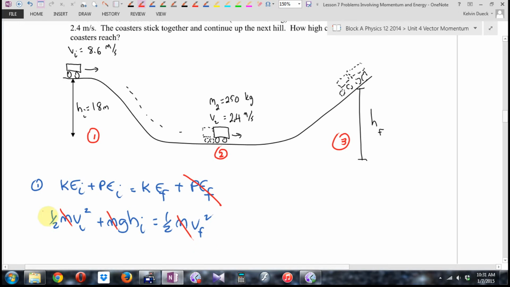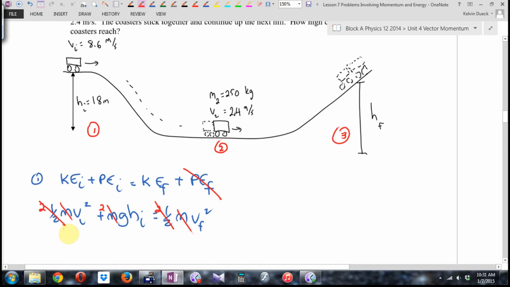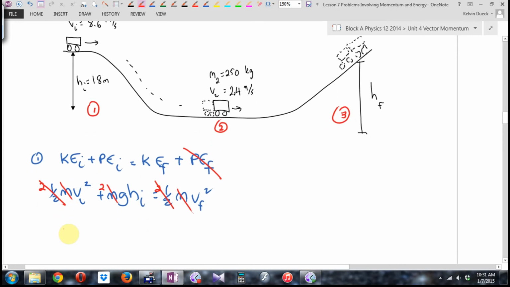I'm going to go times by 2, times by 2, times by 2. That cancels. That cancels. In fact, I get that variation of VF squared equals VI squared plus 2AD that came out of conservation of energy. I get VF squared equals VI squared plus 2GH, which is really plus 2AD. How to get rid of a squared?